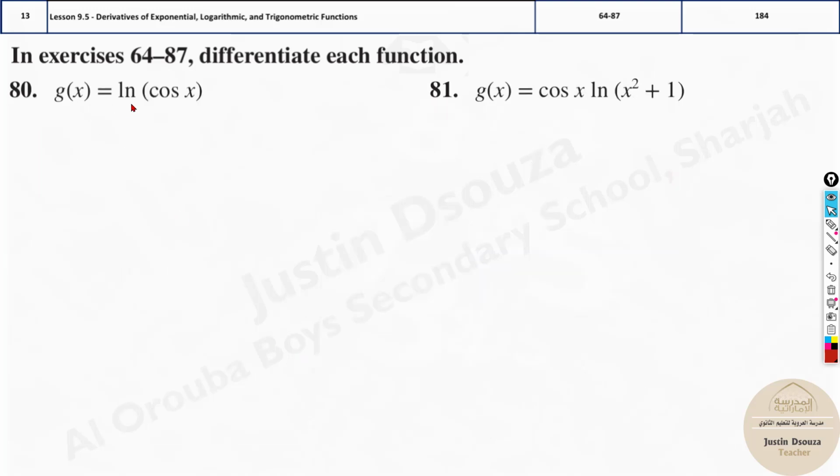Now we can see an important problem. Here we have a natural logarithm composed with a trigonometric function. It is very important to note this. Whenever you have ln and any trigonometric function, you cannot use it directly in the calculator. I will show you what happens. But if you use log base e for trig, you will get the answer.